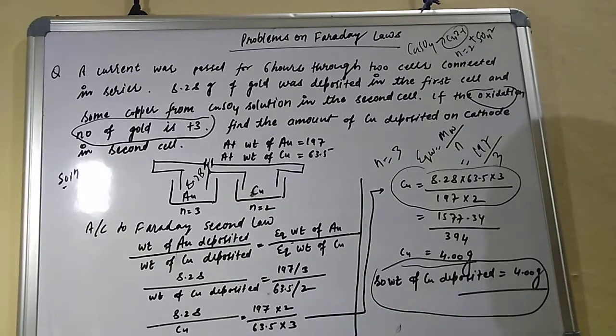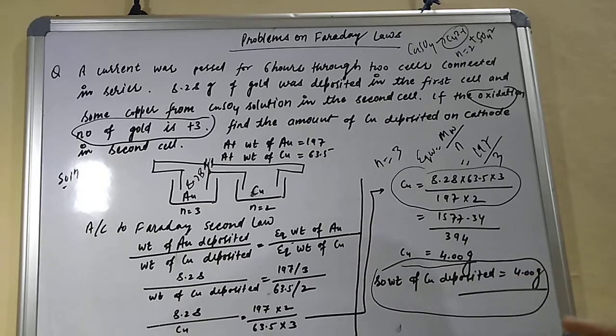So this is a simple question based on Faraday's second law of electrolysis. You already know that if the electrolytes are connected in series and you pass the same amount of electricity through all the electrolytes, then the amount of substance deposited will be proportional to the equivalent weight. Equivalent weight is molecular weight upon n factor.